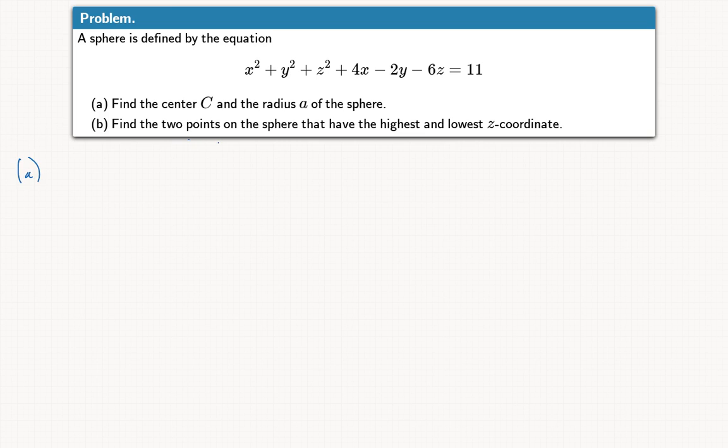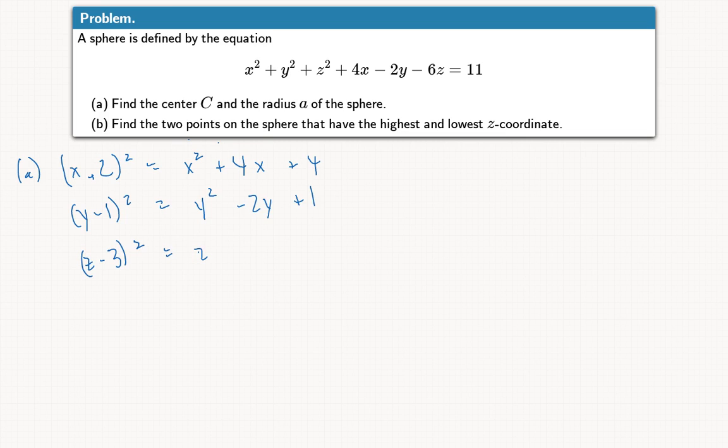So x plus 2 squared is x squared plus 4x plus 4. Y minus 1 squared is y squared minus 2y plus 1. And z minus 3 squared is z squared minus 6z plus 9.